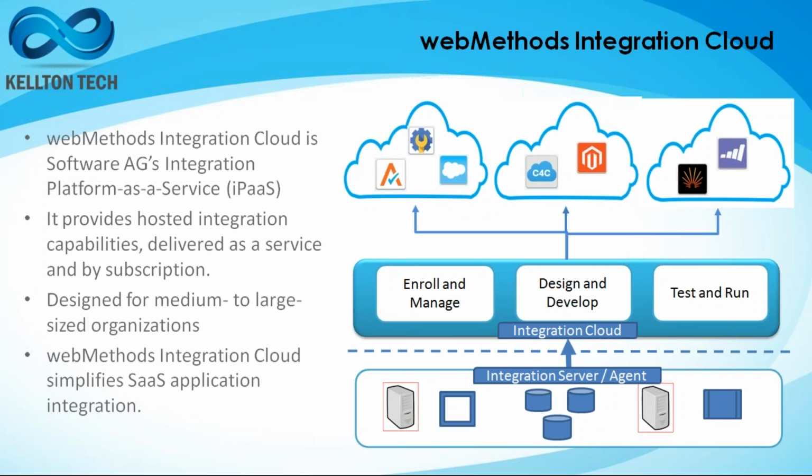Maintaining all the users' permissions to integration cloud can be done through the same portal. The maintenance of cloud connectors, maintenance of your integrations, new enhancements and developments, everything can be done on the same portal. You don't have to work on anything other than learning the cloud portal itself.